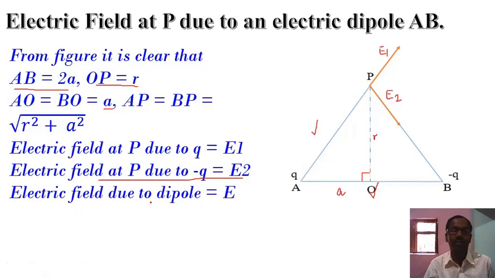Electric field due to the dipole, suppose this is E. So the resultant of E1 and E2 will be the electric field at P due to the dipole.